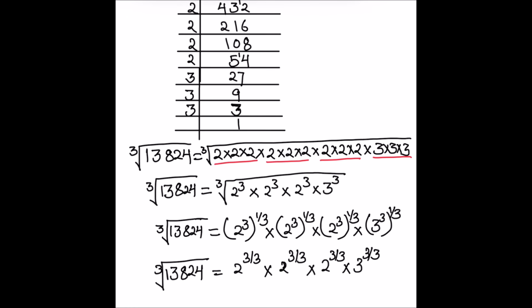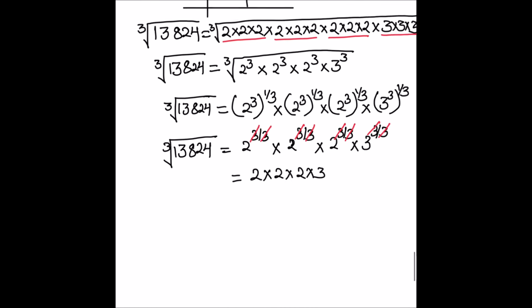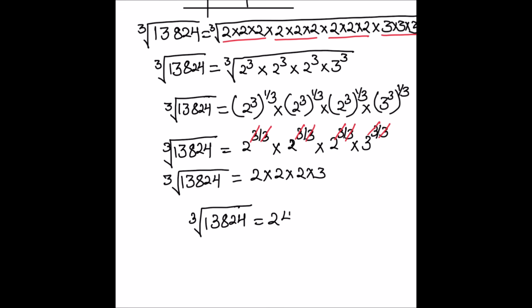Now all the cubes and cube root will get cancelled here, 3 upon 3, 3 upon 3, 3 upon 3 and 3 upon 3. Now we'll get the number itself. So that's 2 times 2 times 2 times 3, which is cube root of 13,824, or cube root of 13,824 is 2 times 2 is 4 times 3 is 24.